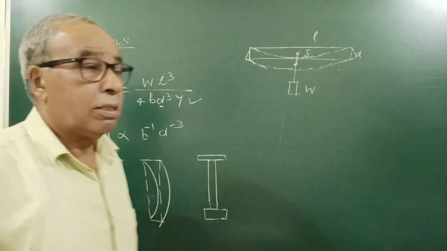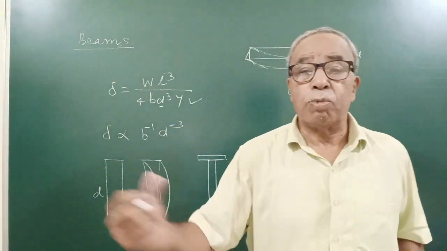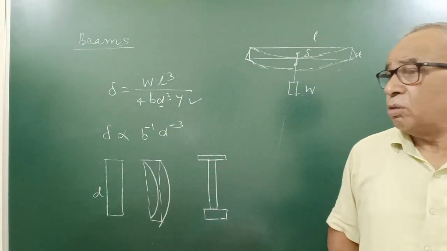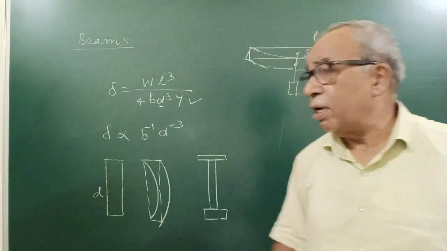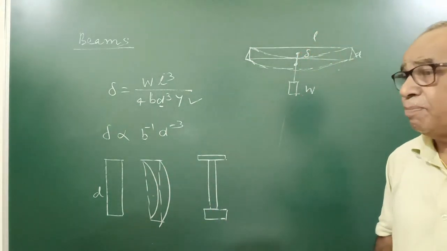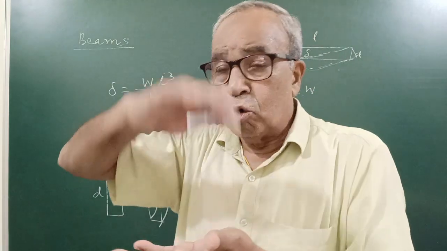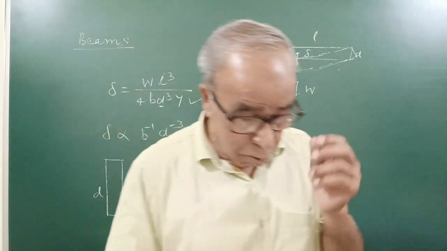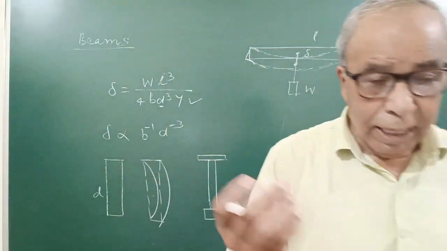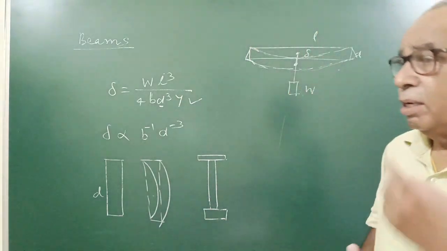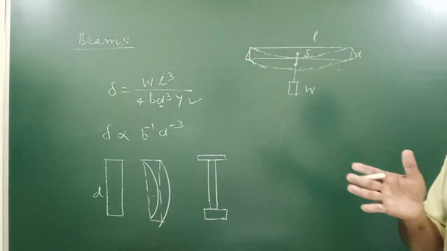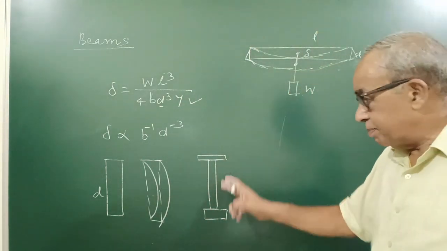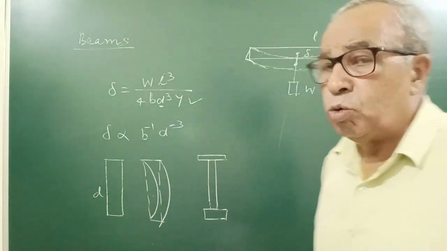That is why the rails on which trains run are of I shape. The top is wider and the bottom is wider, and in between the top and base, the iron is thin like this.